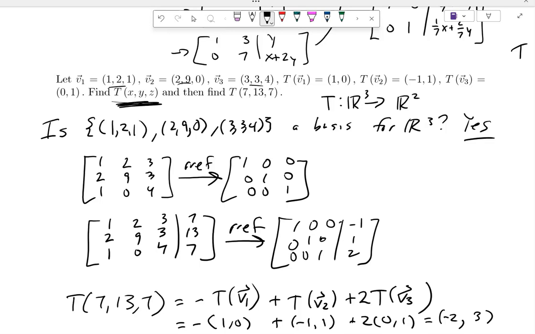The previous question would be okay because it's not that bad. It was just a 2x2. I wouldn't ask you to do a 3x3 on the test. That would just take too long. But you should understand how to do it.